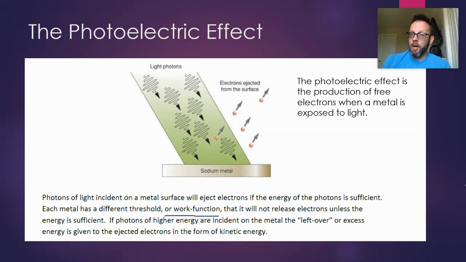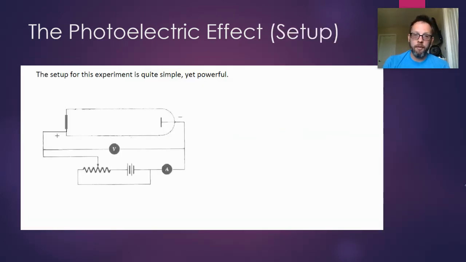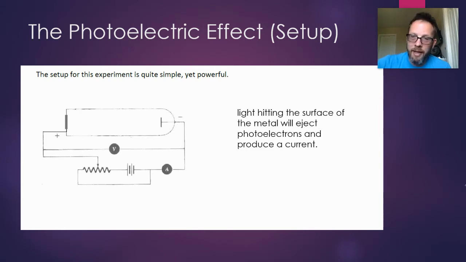What we want to do next is actually play around with the photoelectric effect and observe some of these things. So here is the setup for the photoelectric effect. Light is hitting the surface of the metal. What I'm pointing to with my cursor is a metal plate made of some kind of metal, and you have some light shining on it.